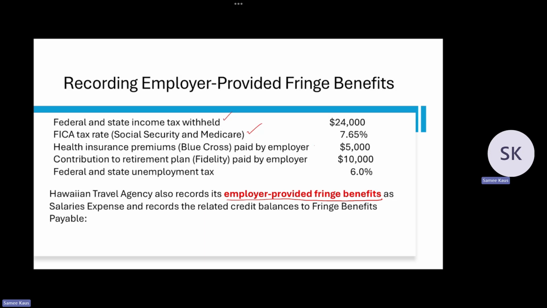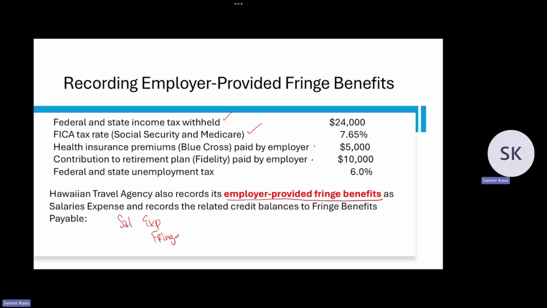But now onto my health insurance premiums and my retirement plans. Those sound like benefits to me, okay? So as the employer, I'm going to recognize an additional salaries expense for the amount of my fringe benefits. Well, what fringe benefits do I offer?